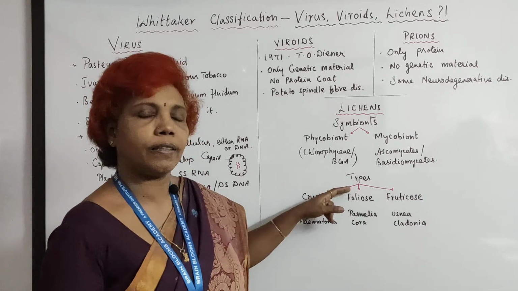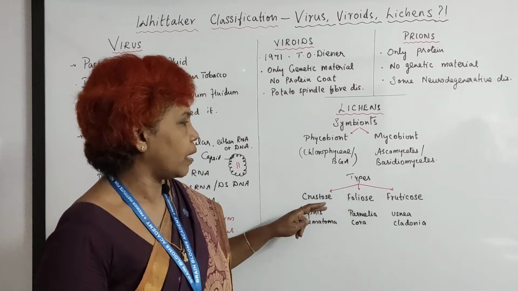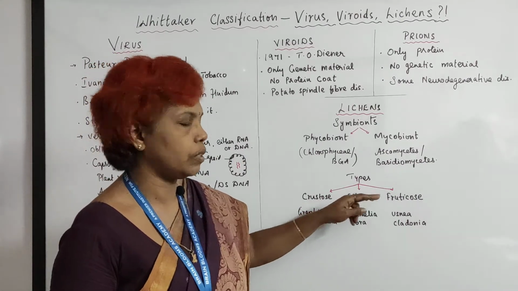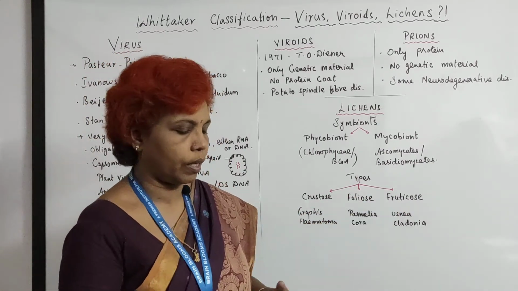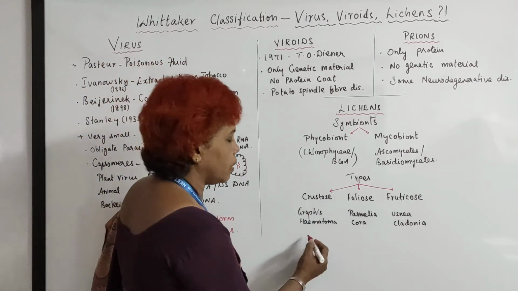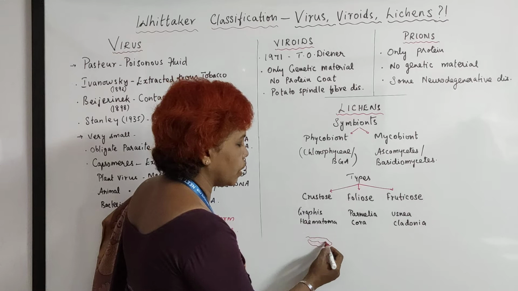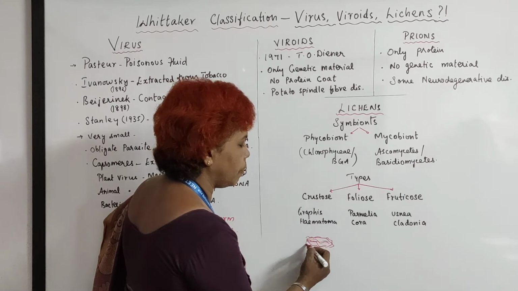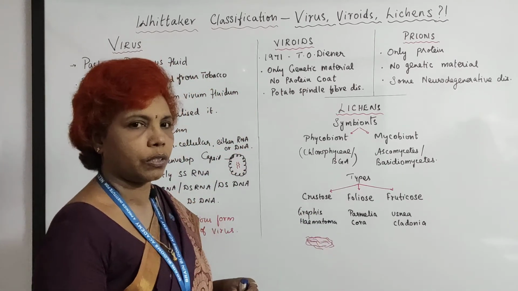There are basically three types of lichen: crustose, foliose and fruticose. Crustose lichen, crust means the top, it will be just covering the surface of rocks, very colorful.